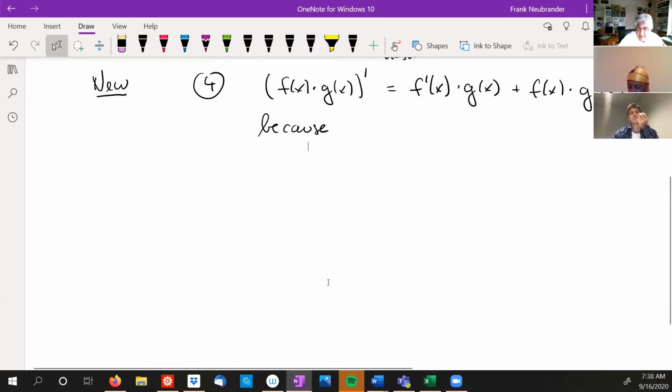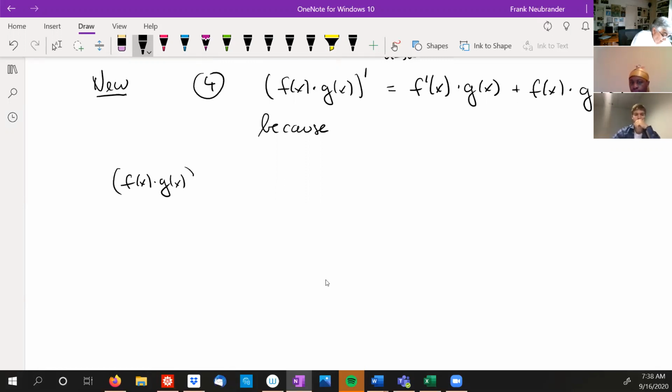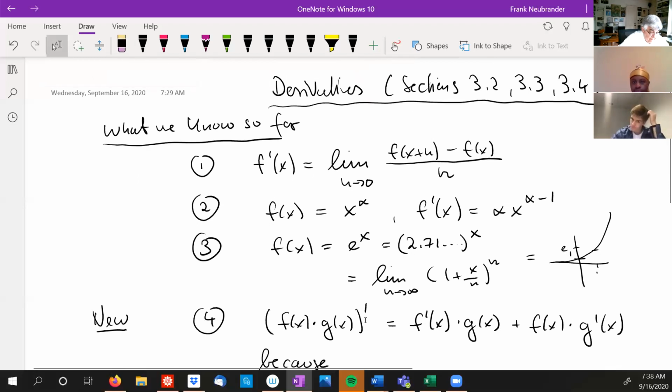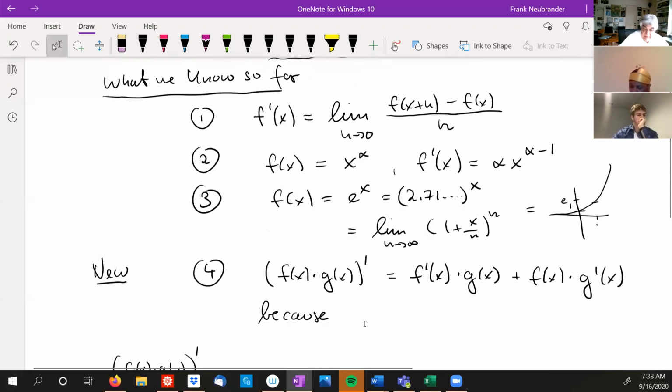So how does one compute a derivative? You go back to the definition. The derivative is a limit of the difference quotients.